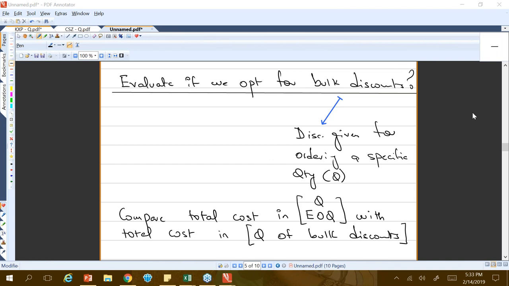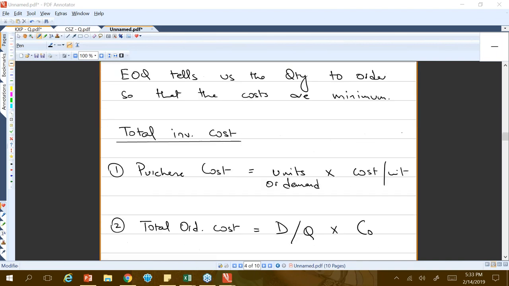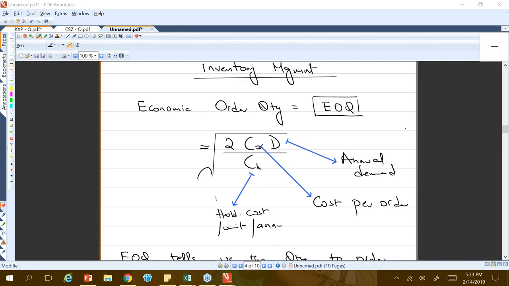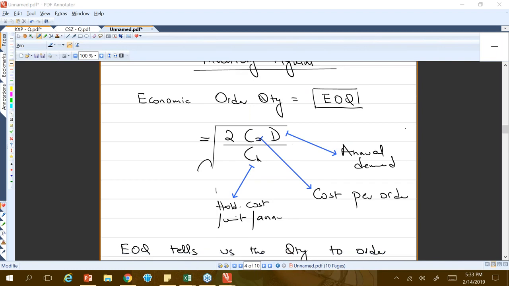So this is the EOQ formula, the square root of 2CoD over CH, and optimal EOQ is the best EOQ, and EOQ is already the point at which the cost is minimum. So whether you say optimal EOQ or just EOQ, at both of these points, your costs are minimum. So there isn't much difference in them. If you've got any other questions here, I'm happy to answer at this point.